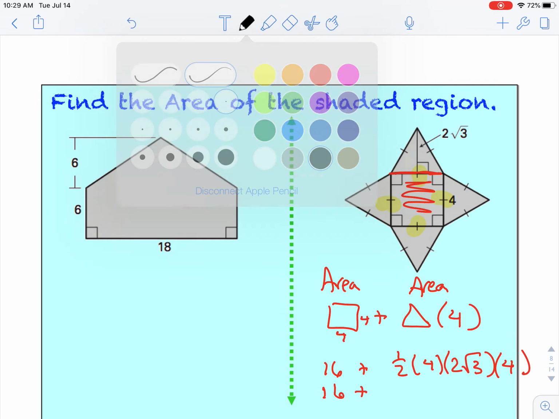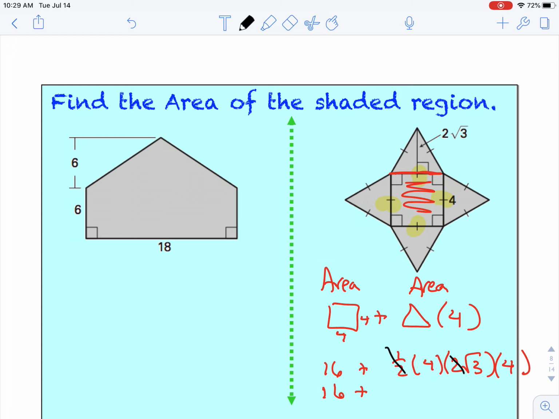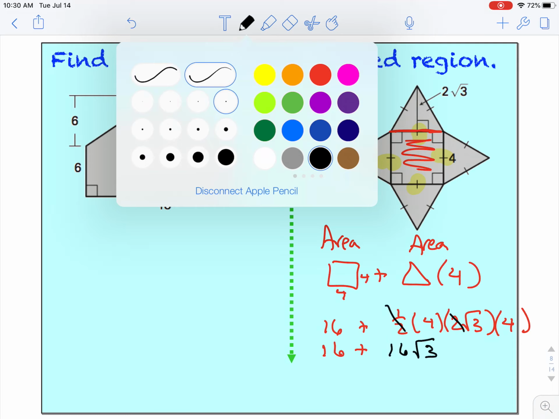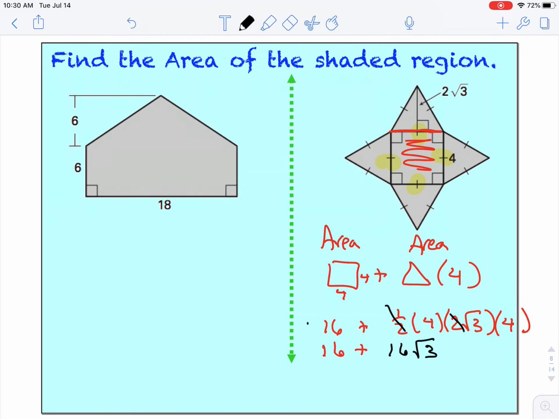So we have 16 plus, and then we have 1/2 times 2. If you notice this, the 1/2 and the 2 can just cancel out. So we get 16 square root of 3. And you could get a decimal for that, or you could just leave your answer like this. Most of you are probably going to want to get a decimal. So 16 times the square root of 3 gives us 27.71 approximately.